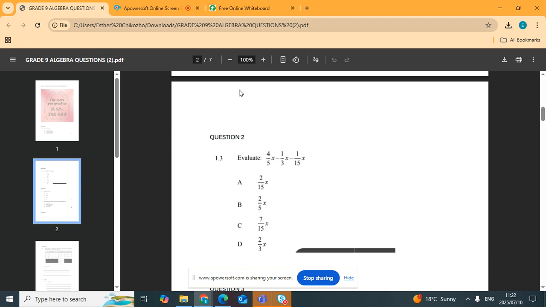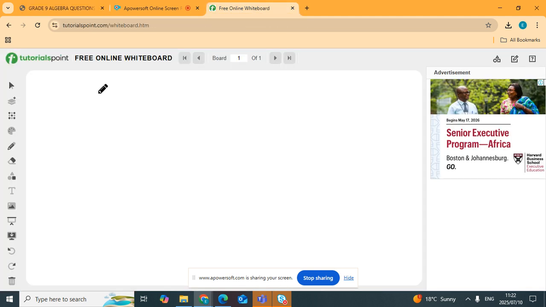Question 2. You're being asked to evaluate the following: 4 over 5x minus 1 over 3x minus 1 over 15x. Here's how you're going to do the calculation. Just give me 1 second, please, to write it on my whiteboard, then I can explain it for you.